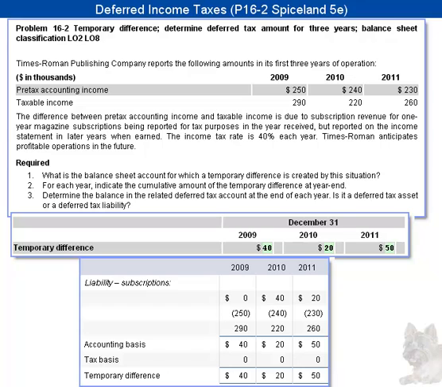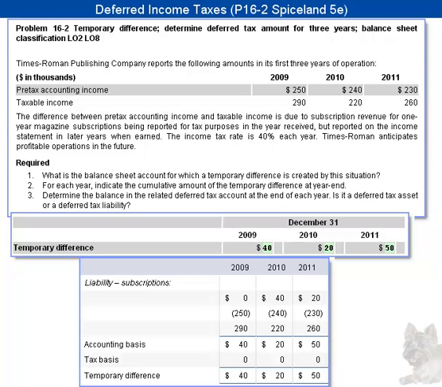Okay, so how did we determine those temporary differences? Well, in 2009 we had 250 versus 290, so 40 million for accounting basis. Tax basis is 0. In 2010 we had 240 versus 220, so an accounting basis of 20 with a temporary difference of 20.